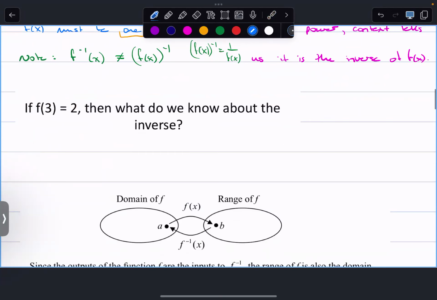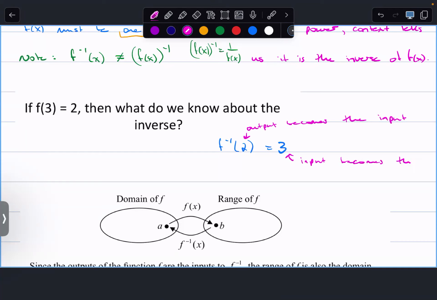So then we know that f inverse of 2 must be equal to 3. Output becomes the input, and the input becomes the output.